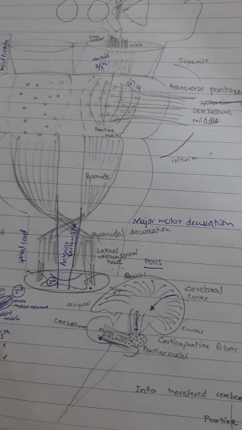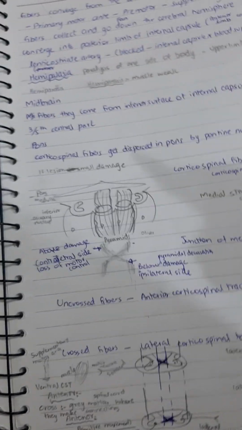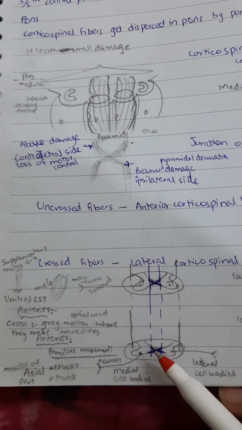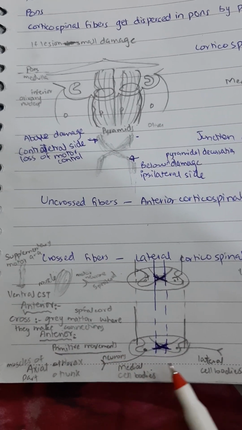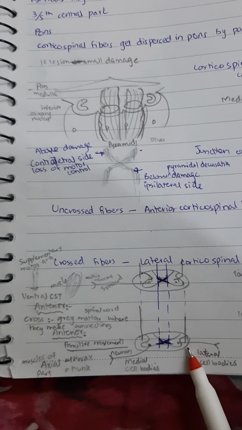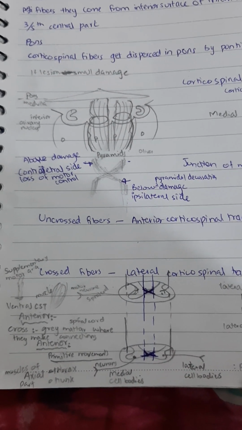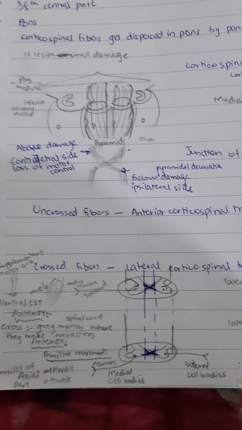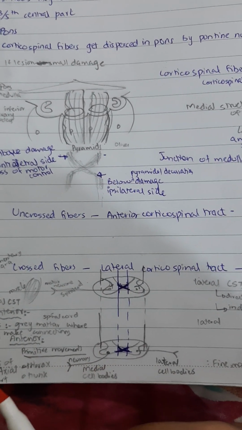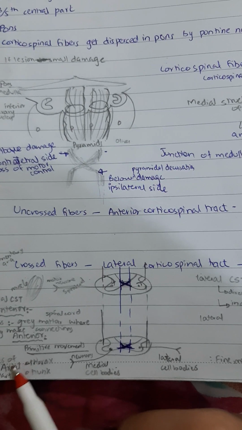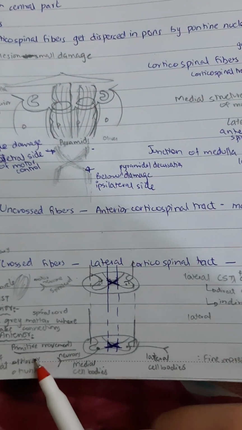And then there's a few things that I would like to highlight more. You have your anterior and your lateral. Your lateral ones are responsible for the fine movements of hands, and your anterior ones are responsible for the muscles of the axial part, thorax and the trunk.